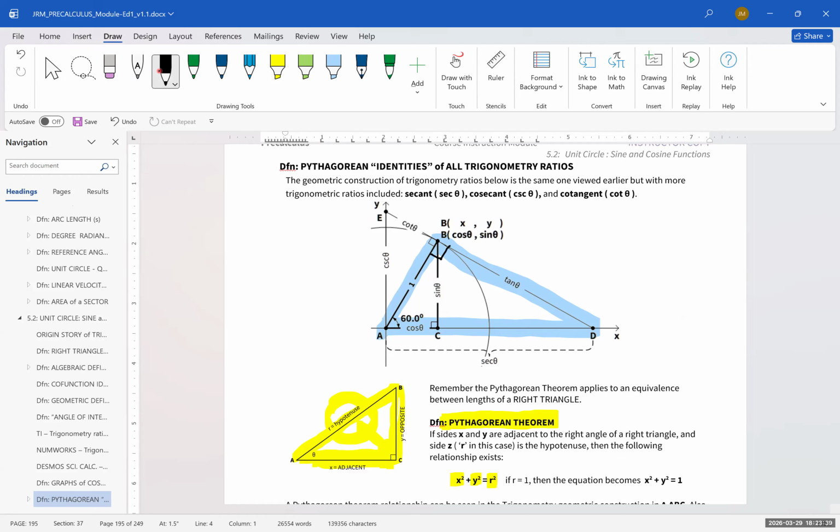So it should be tangent squared theta plus 1 squared theta equals secant squared theta, right? The two sides adjacent to the 90-degree angle should be equal to the square of the opposite side to the 90-degree angle.